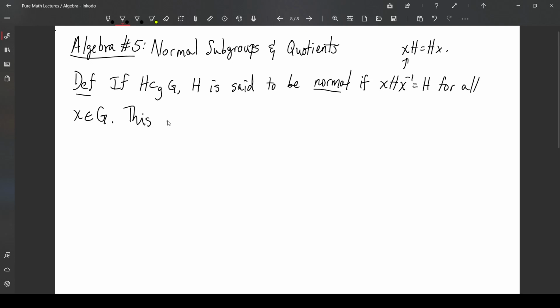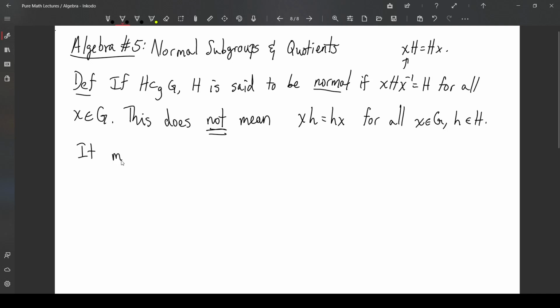Now, this does not mean that xh equals hx for all x in G and little h in H. It means if x is in G and h is in H, then xhx inverse is also in H, right?